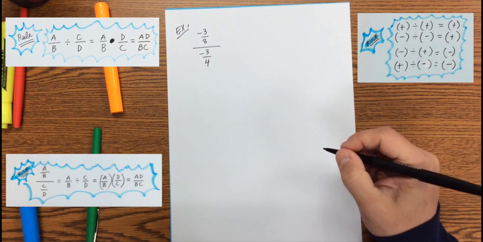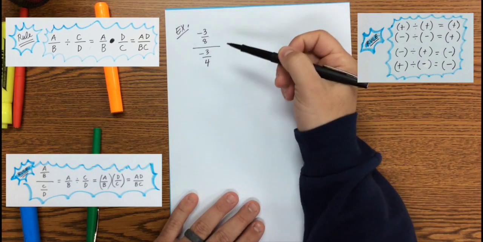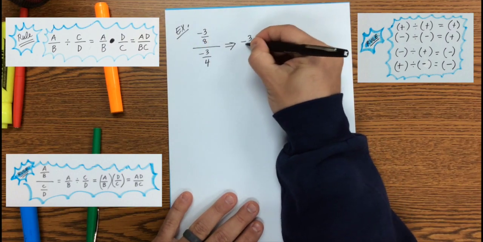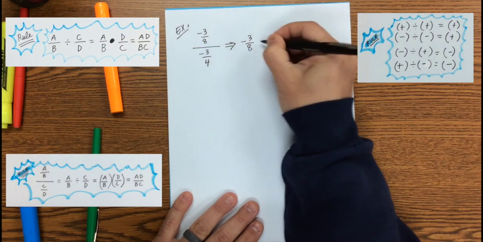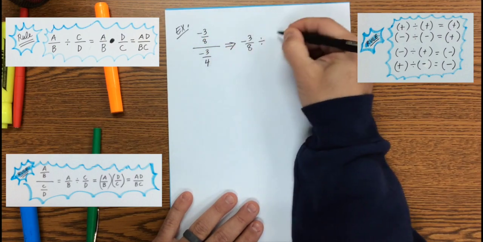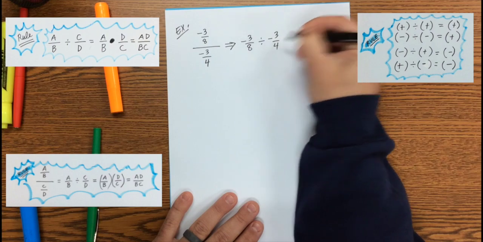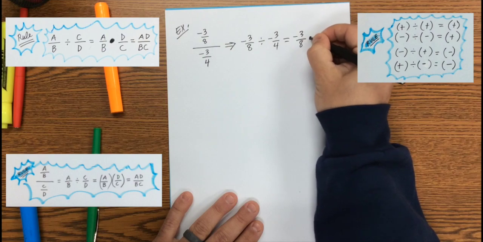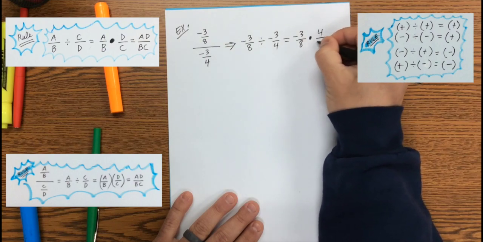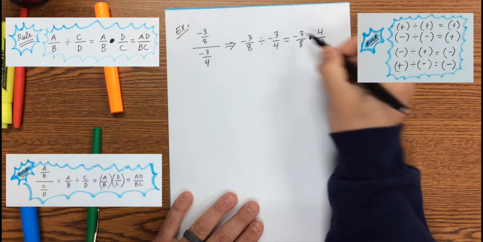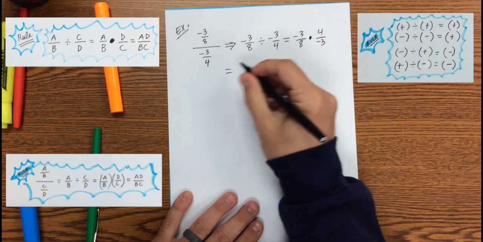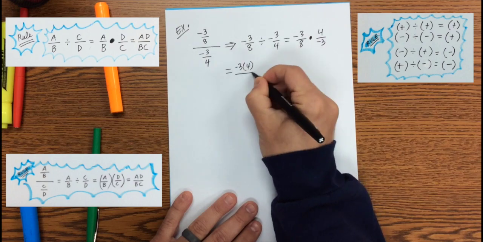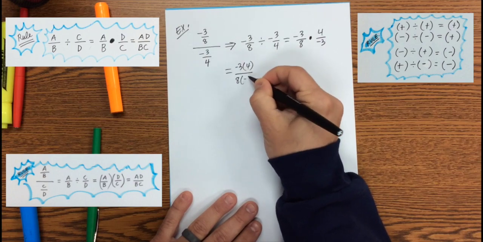Well, this might look a little scary and intimidating, but guys, what this means is -3/8 divided by -3/4. Straightforward. Then we're going to take the reciprocal of the second term and turn this into a multiplication problem. And remember, a negative times a negative is always going to be positive. So you're going to get 3 times 4 over 8 times -3.